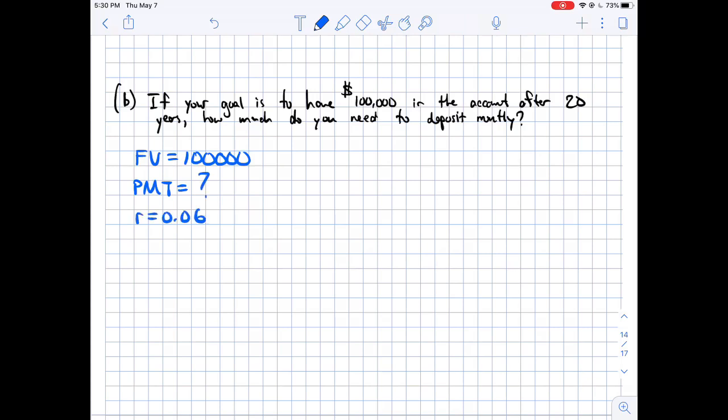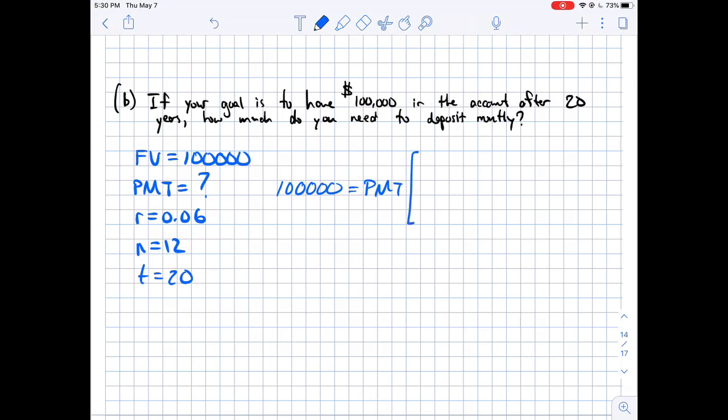Everything else, though, still stays the same. We have R is 6%. We have N is 12, because it's compounded monthly, and we have T is still going to be 20 years. So now we want to plug all of this in using the same formula. So we have 100,000 on the left, that's our future value. The payment amount is what we don't know.